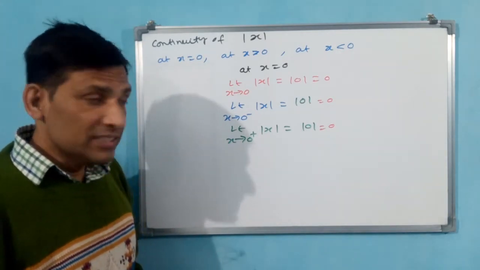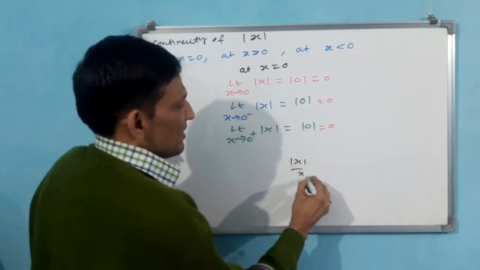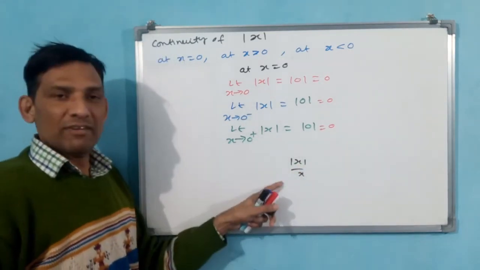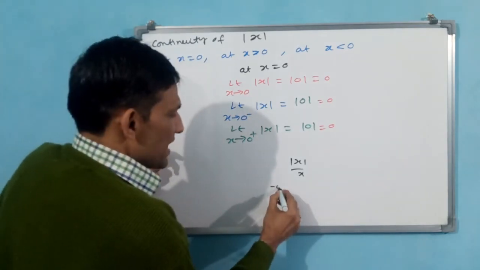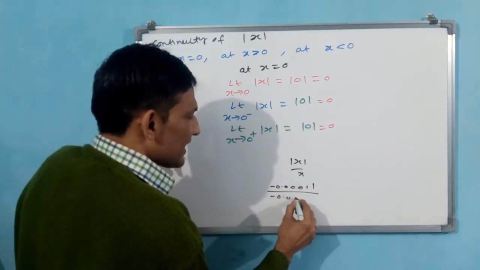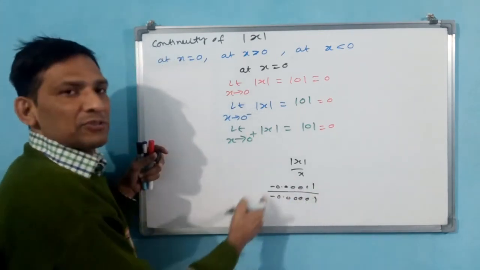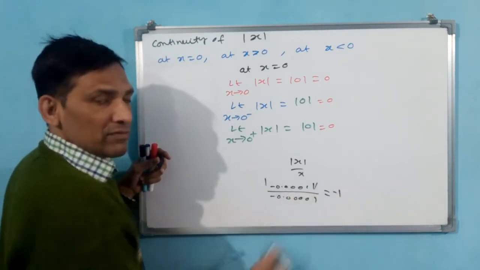But this is not the case for division. Definitely not continuous. Why? Because here also minus 0.0001, however many zeros you take, that many zeros only you are taking again in the denominator also. Then finally it is going to give 1 or minus 1. If modulus is there, minus 1 it gives.